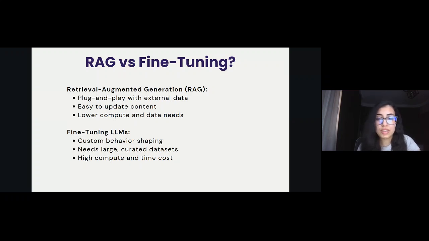So if your priority is knowledge freshness, having the LLM have fresh knowledge, be fast, and you want to save costs, you would go with RAG. If your goal is to teach the model how to think and respond in a very specialized way across contexts, and you have enough resources and enough money to do so, then fine-tuning would be the way.